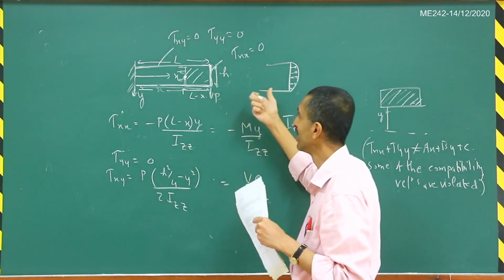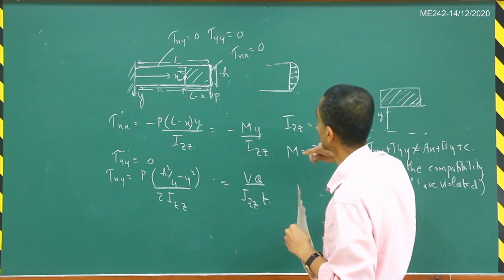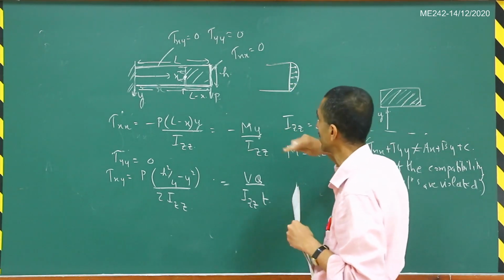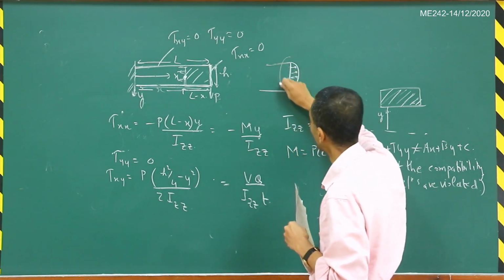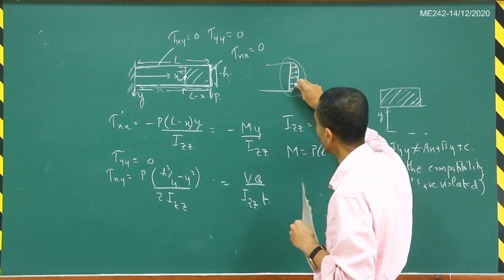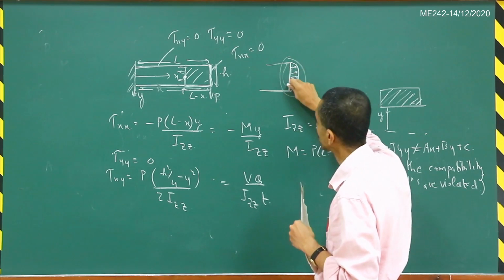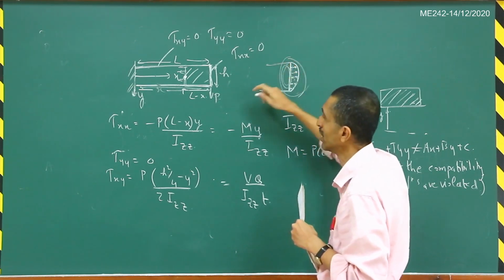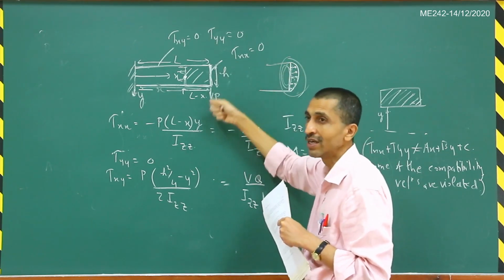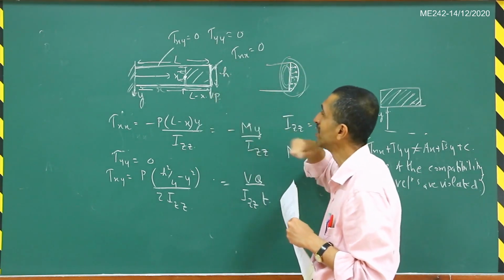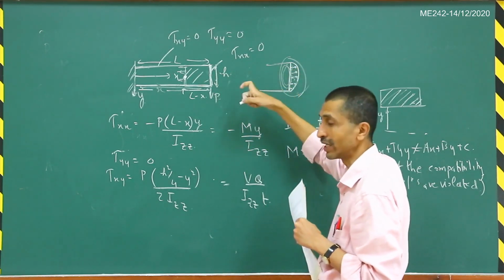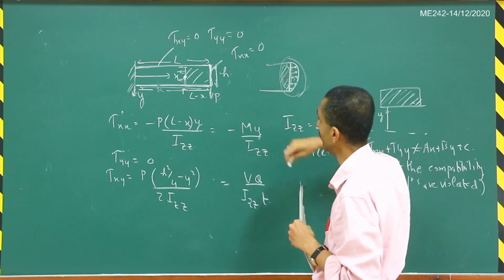What the Saint-Venant principle says is that in the vicinity of the region where the load is applied, the stress distribution will be very different. As I said, here the distribution is parabolic, but if I hang a weight by a thread, then in the vicinity of these two ends, the stress distribution will be very different.